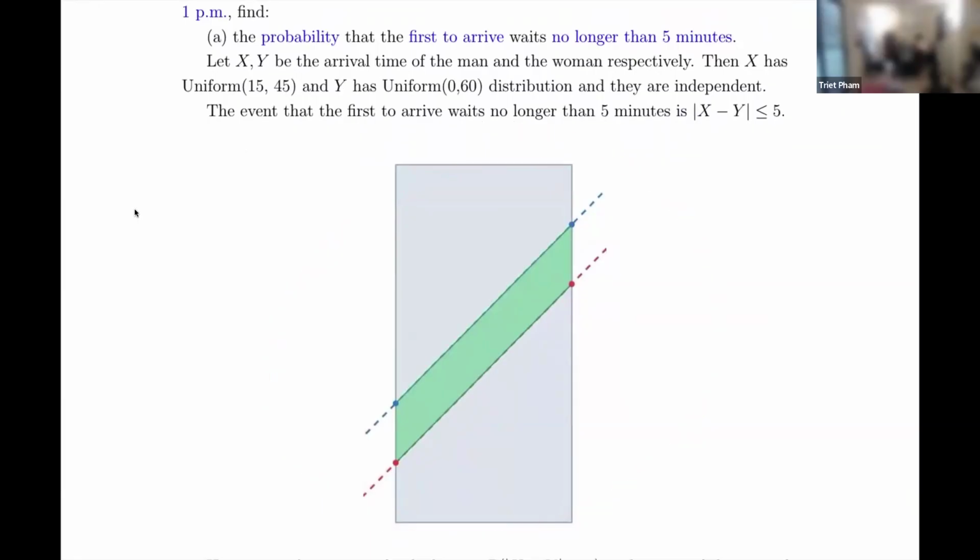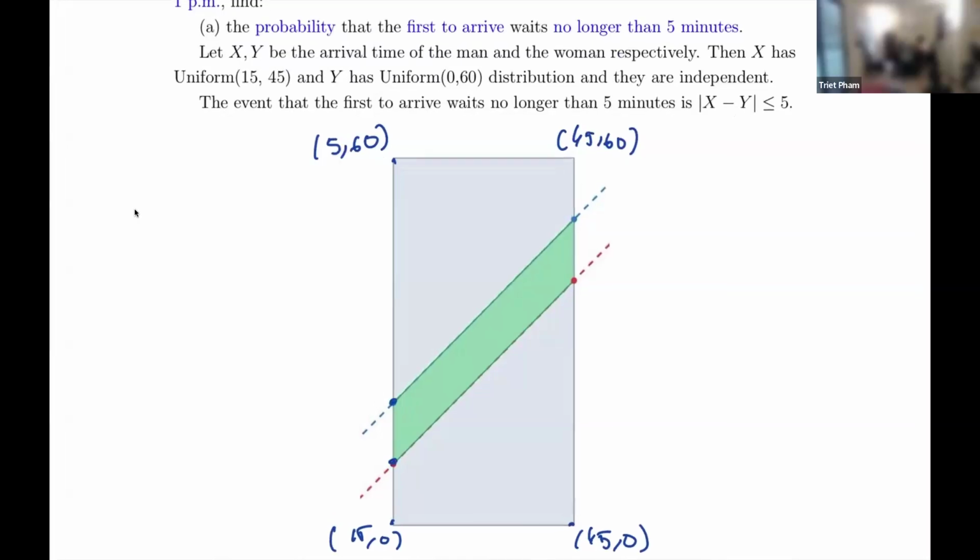Whatever I drew up there was just some demonstration. Of course, if you do a double integral, you still have to get this region correctly. So this corner right here is 15 and 0. This is 45, 0. This is 15, 60. This is 45, 60.